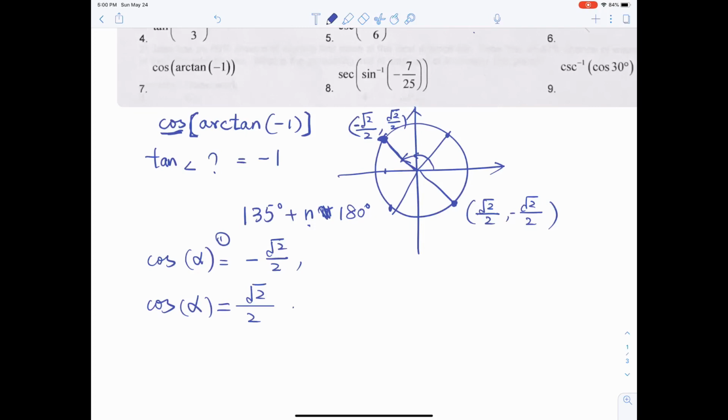If the teacher gives you a domain and range, you can answer with one exact number. If not, both of these are correct.